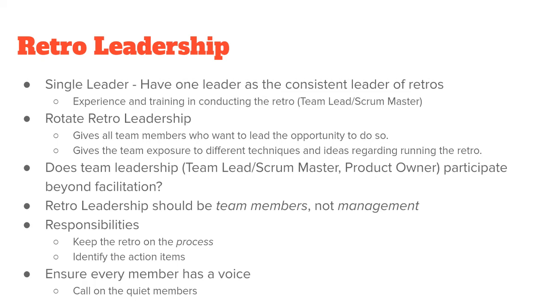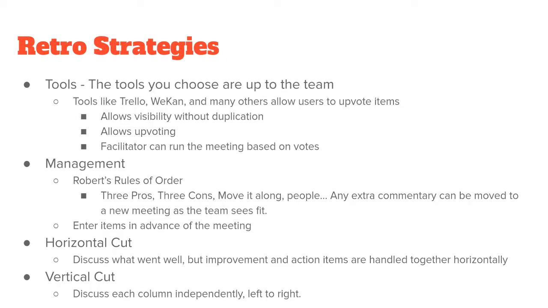Let's continue on here. The other thing is you can bring all sorts of technological tools to bear. What are some things you can do? You can use things like Trello and all the other bazillion different little tools. You can use a spreadsheet.